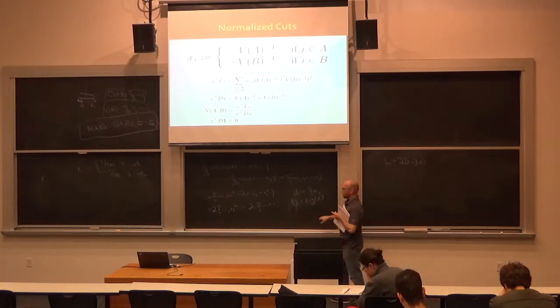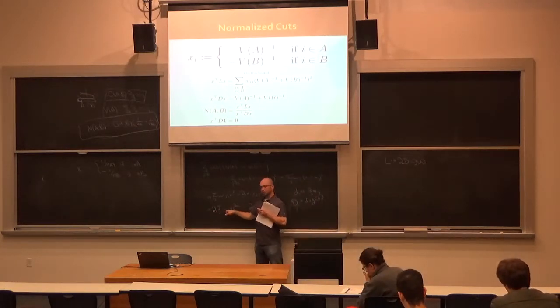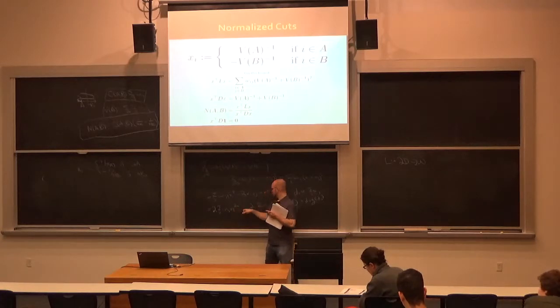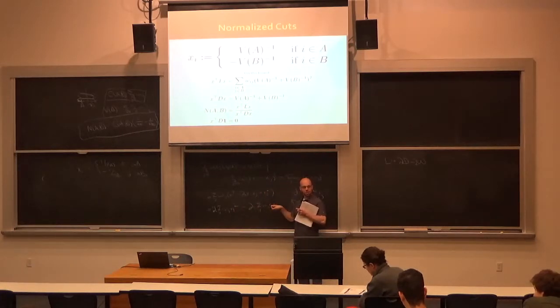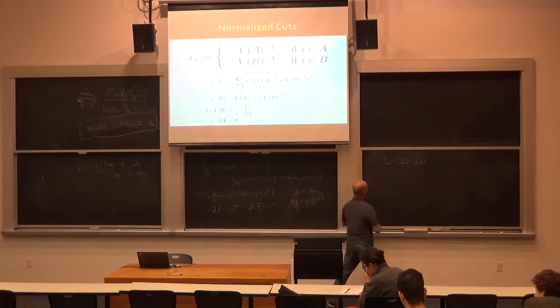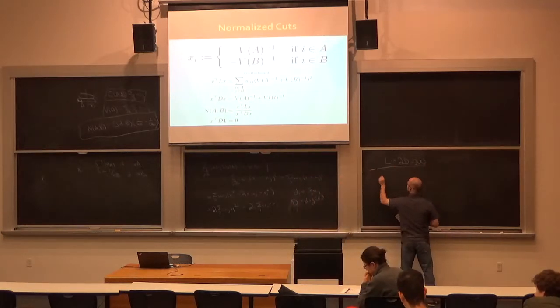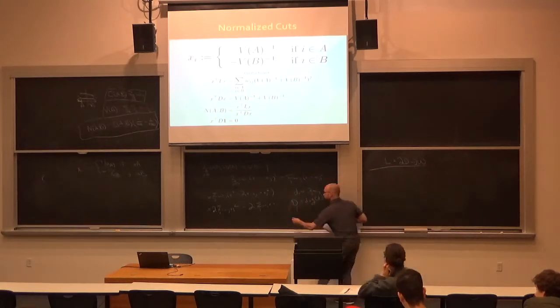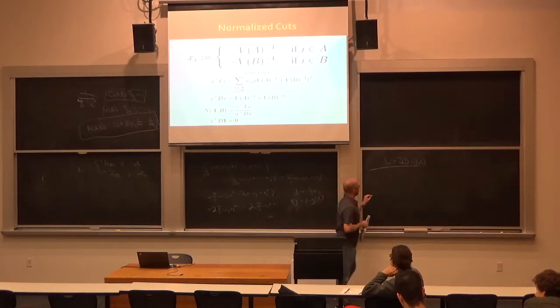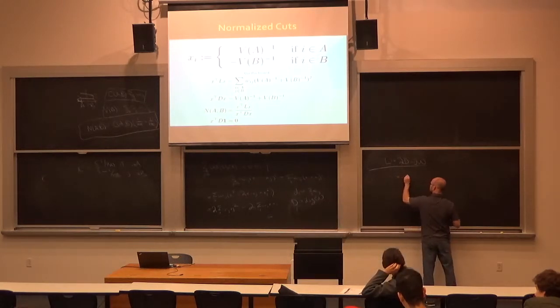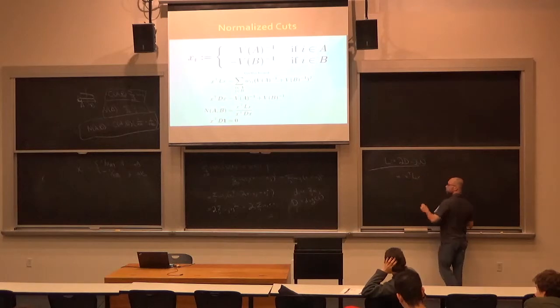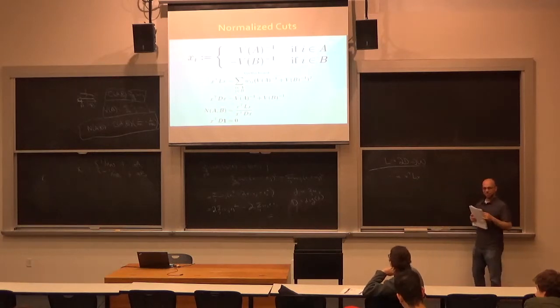Well, look, you have 2 times the diagonal matrix where you sum over j, minus 2 times this product with W. So at the end of the day, all this stuff is equal to x transpose Lx by construction. Make sense?